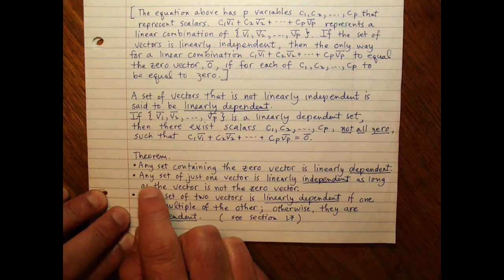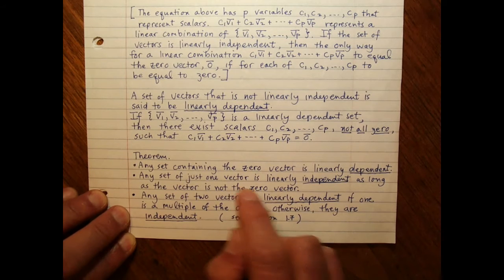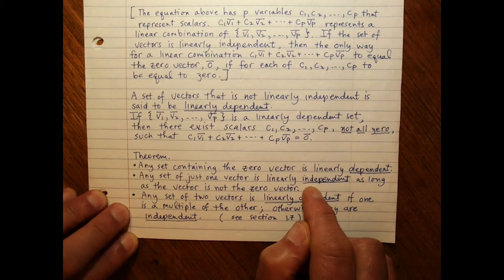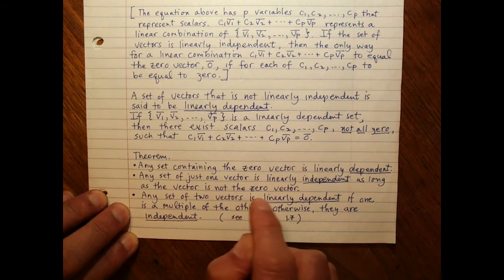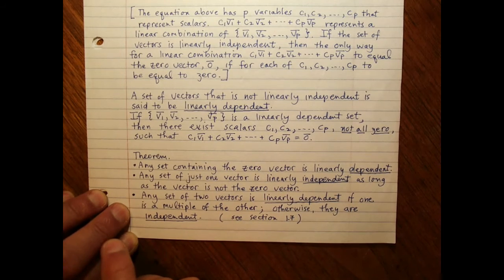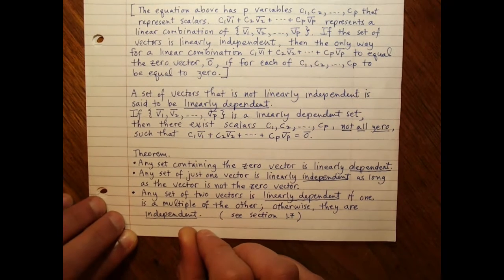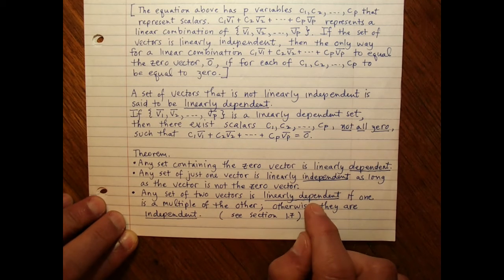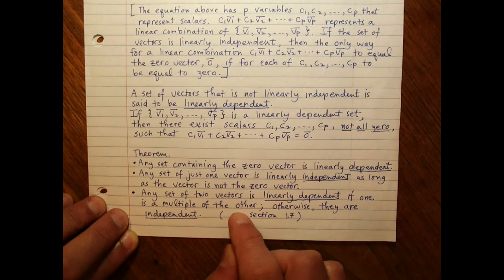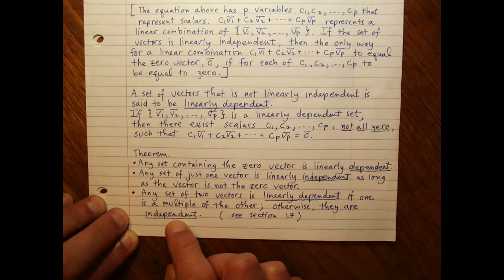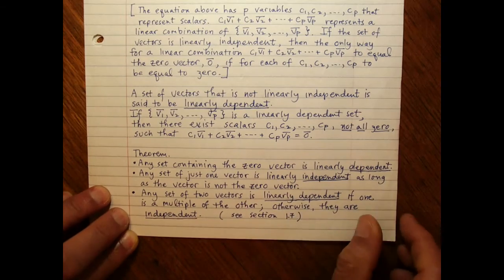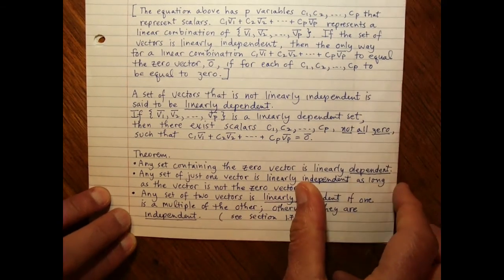Second point, any set of just one vector is linearly independent as long as the vector in that set is not 0. And finally, any set of two vectors is linearly dependent if one is a multiple of the other. Otherwise, they are independent. Again, these ideas from chapter 1 carry over.